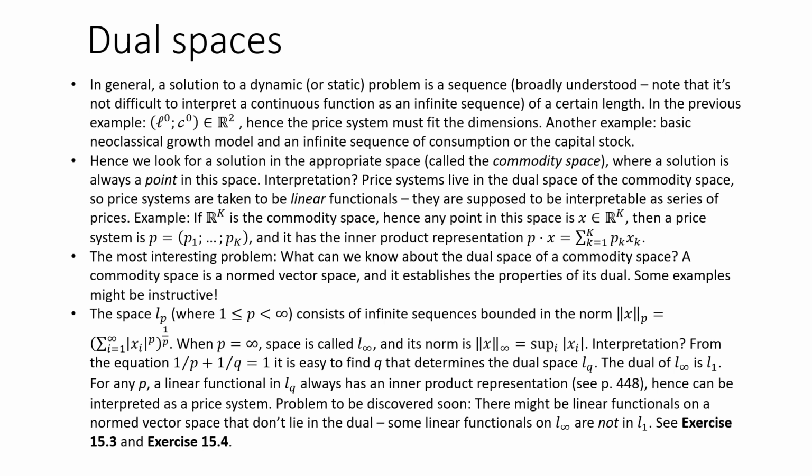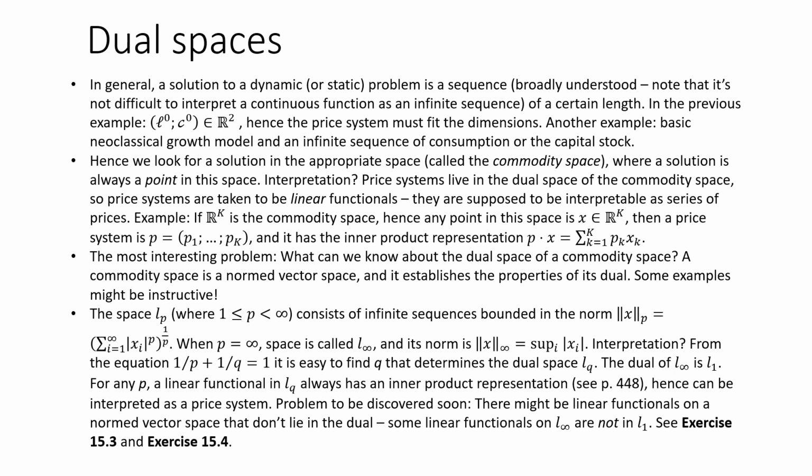In general, if the k-dimension Euclidean space is the commodity space, then the price system is also going to be a k-dimension vector, and what is more important, it has the inner product representation. This inner product representation is the most important characteristic of the price system, because we say we have a price system only if we have this inner product representation.